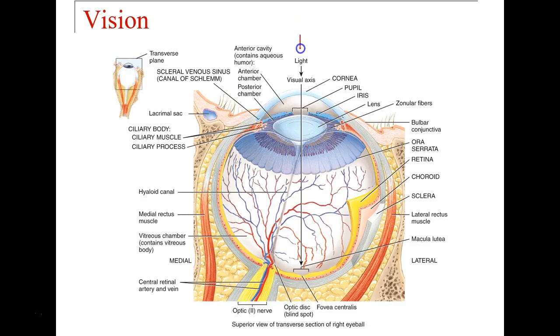So light passes through the cornea first, into the anterior chamber of the anterior cavity, past the iris through the pupil. The pupil is not an actual structure, it is a void of space. Then it passes into the posterior chamber of the anterior cavity, then through the lens, where it will focus on the fovea centralis at the back of the eye after passing through the vitreous chamber.